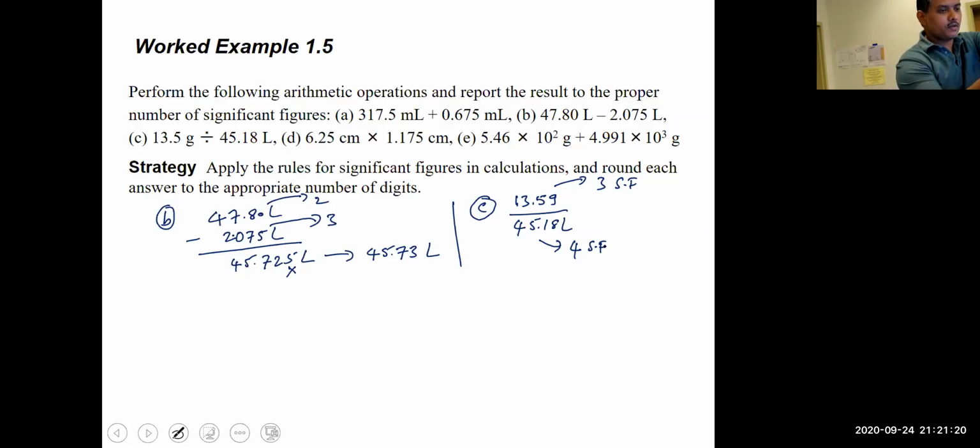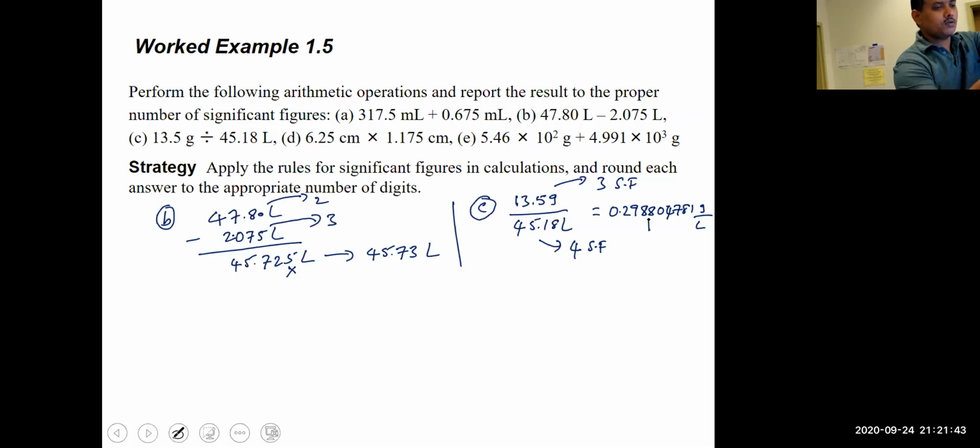So if I do the math, the number shows up to be 0.29880478 grams over liters. That is a too large number, but I'm only allowed to have just 3 significant figures.